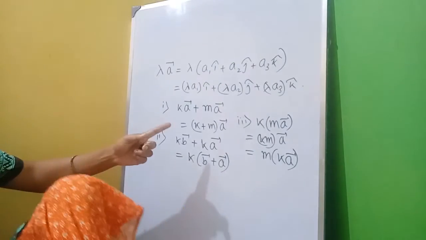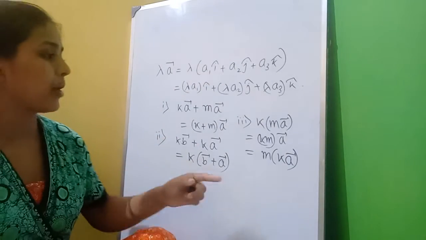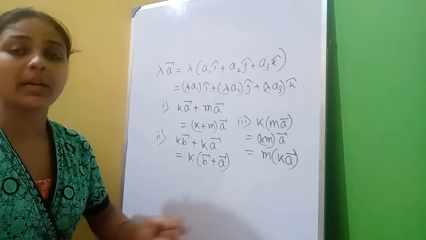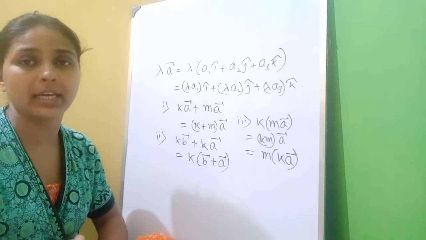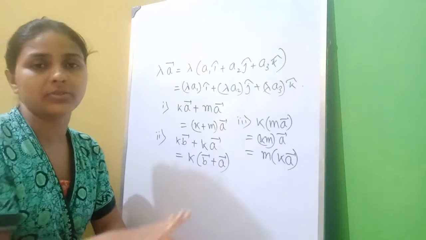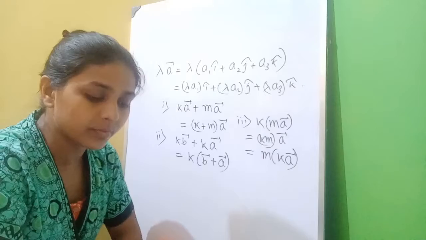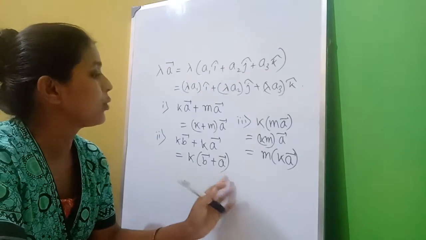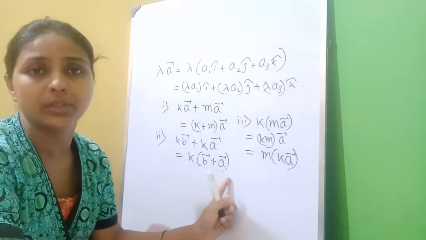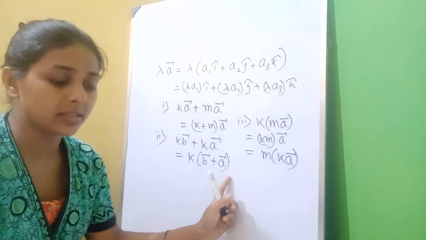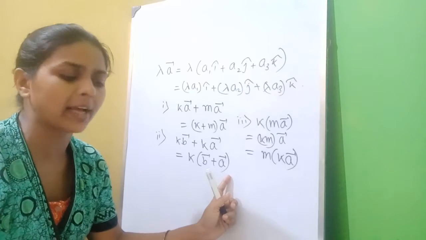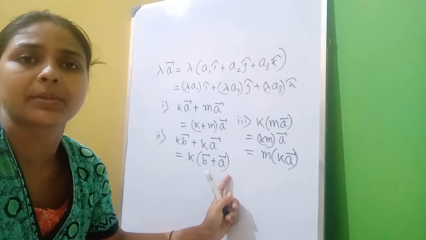So there are these 3 properties for multiplication of a vector by a scalar, and these are 3 only. I hope you all have understood up to this, and in the next topic we will actually be doing some examples now.